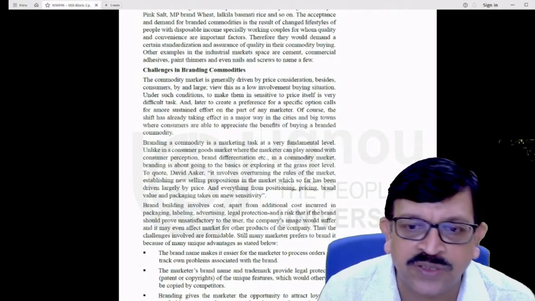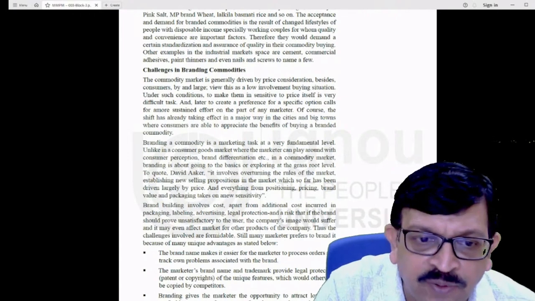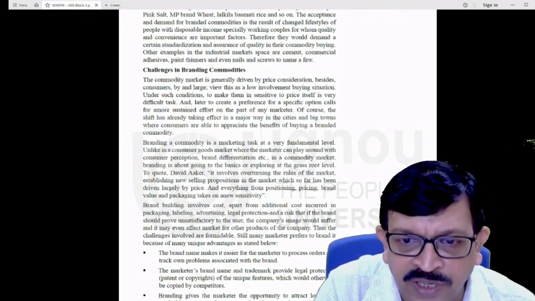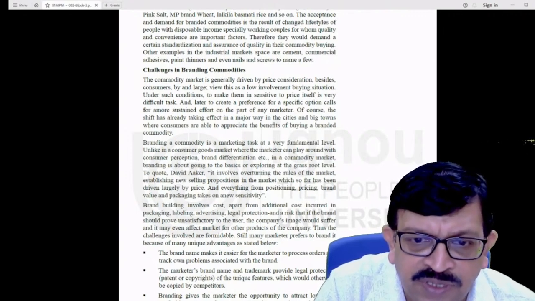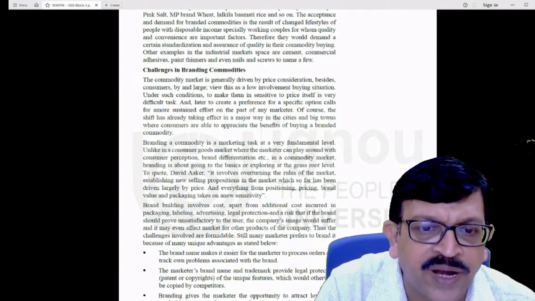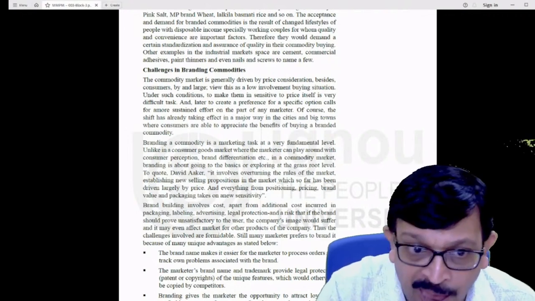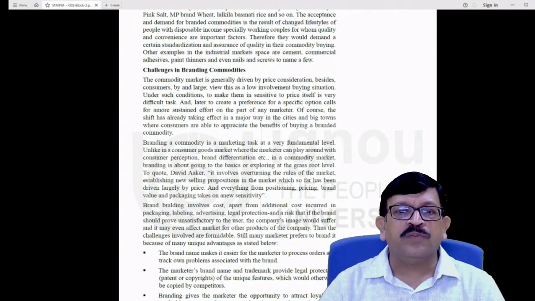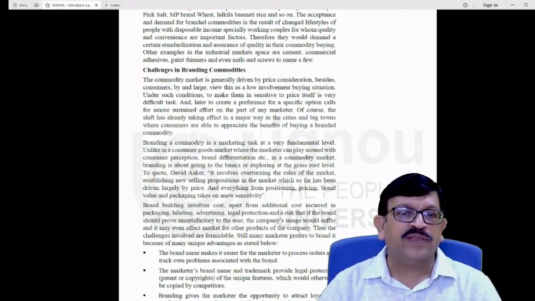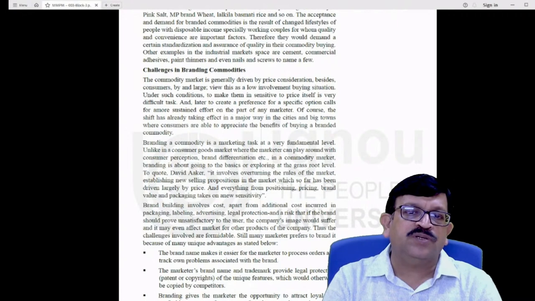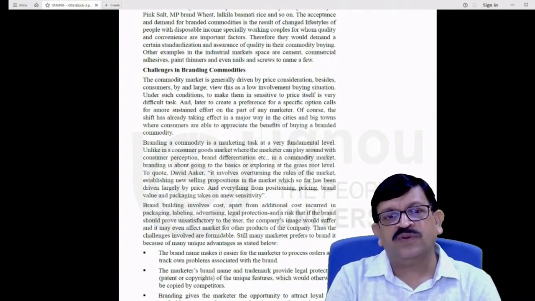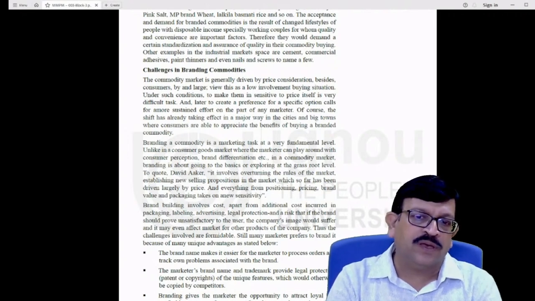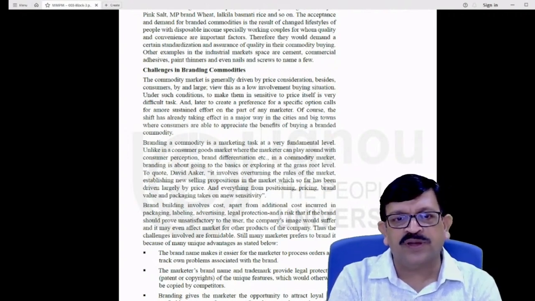But brand building, of course, calls for a lot of money. It has additional cost. The packaging itself would be an expensive proposition, the labeling, the advertising, the legal protection. And this is a risk that a brand involves. With a commodity, it becomes important to advocate that in order to establish in the marketplace. But it is a risk because you have to take that step ahead to register your brand as a commodity in the marketplace.